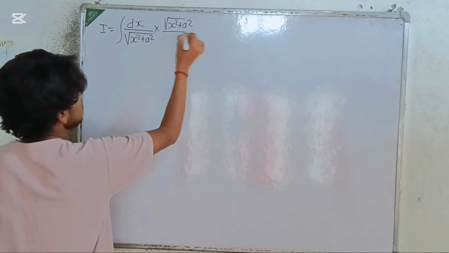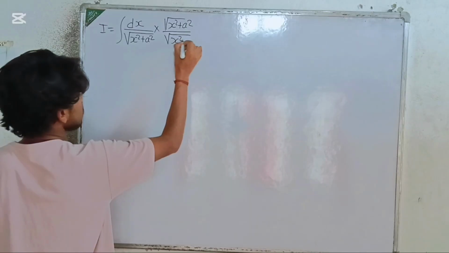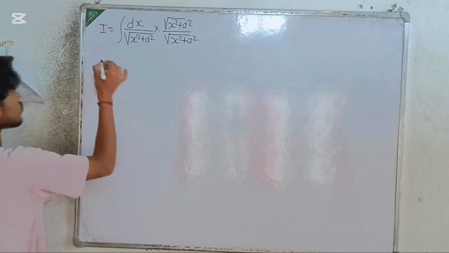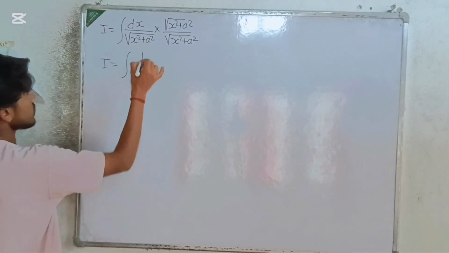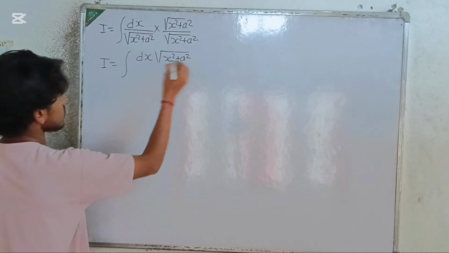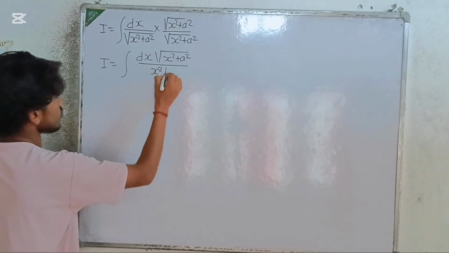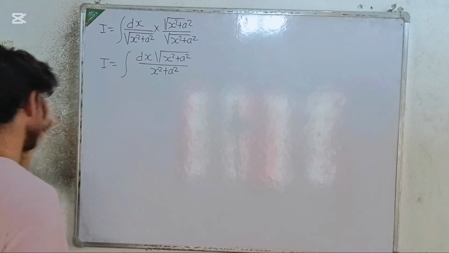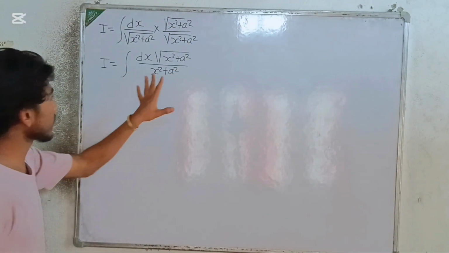I do not have to explain about this thing, right? So I get I is the integral of dx over the square root of x squared plus a squared. I am going to make a substitution here.